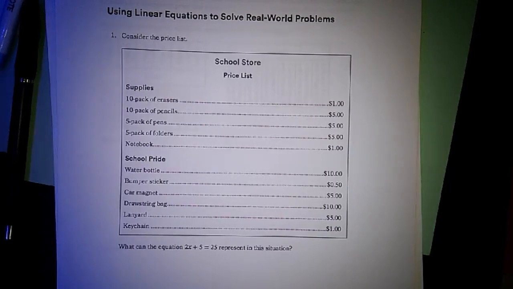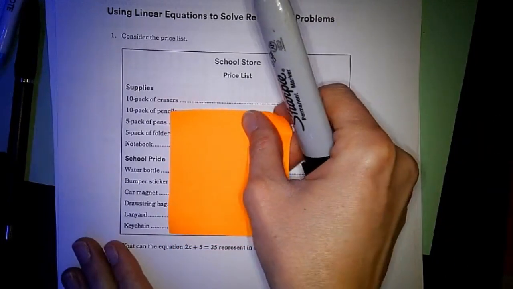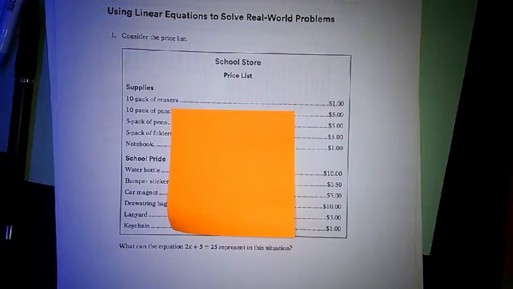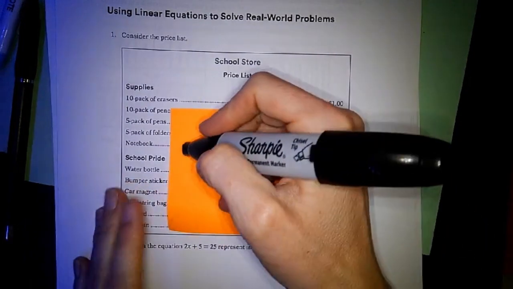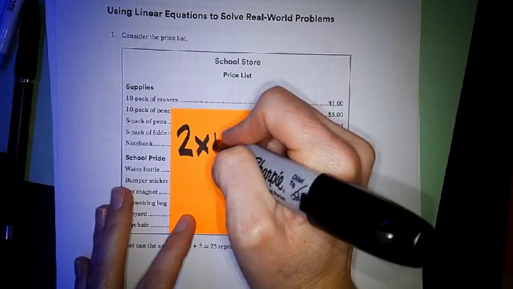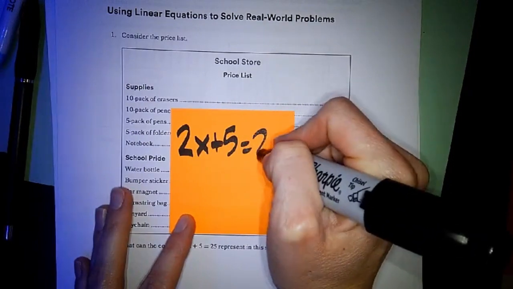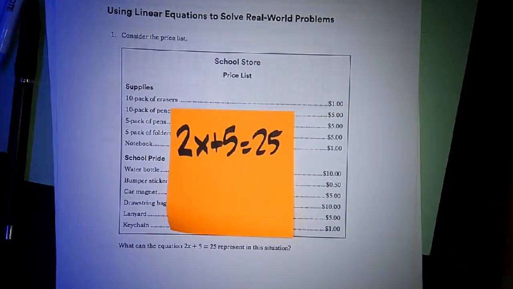So our job right now is to take this information and I want you to determine what this equation represents. So what does this equation represent?